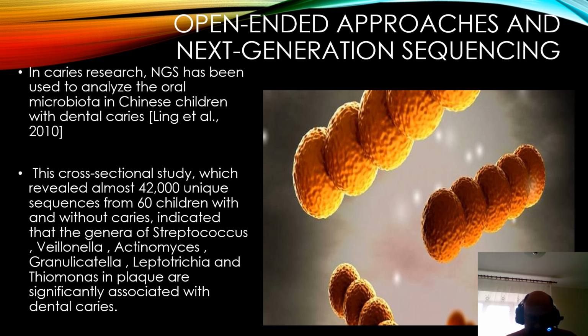It was a very interesting cross-sectional study, which revealed almost 42,000 unique sequences from 60 children with and without caries, and indicated that the genera Streptococcus, Veillonella, Actinomyces, Granulicatella, Leptotrichia, and Thiomonas in plaque are significantly associated with dental caries.